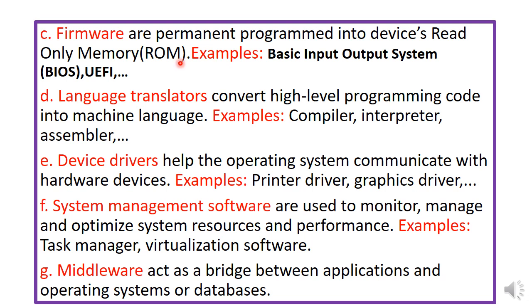And the following is the language translator. In computer science or ICT, we talk about different languages. For example, high-level programming languages, which are very close to human languages, must be translated into machine language so that the computer can understand the meaning of the instructions that the programmer has written.